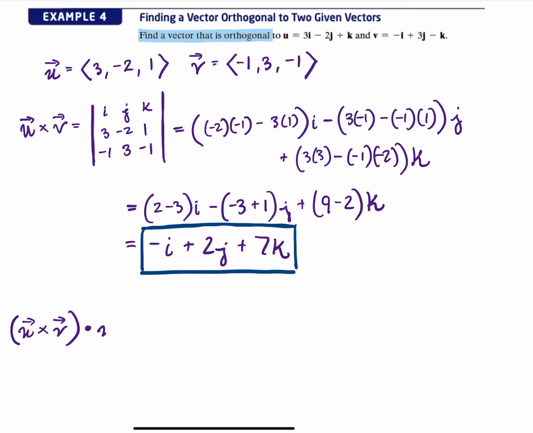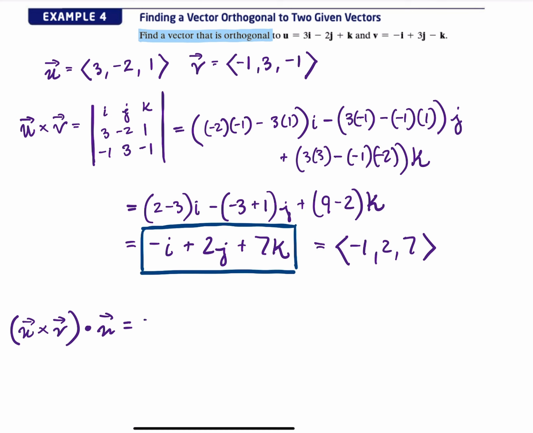So let's dot it with u. If you remember that process, I can write this in component form, this will be negative 1, 2, 7. We multiply each of the corresponding components and then add the result together. So I'll multiply the first terms together.